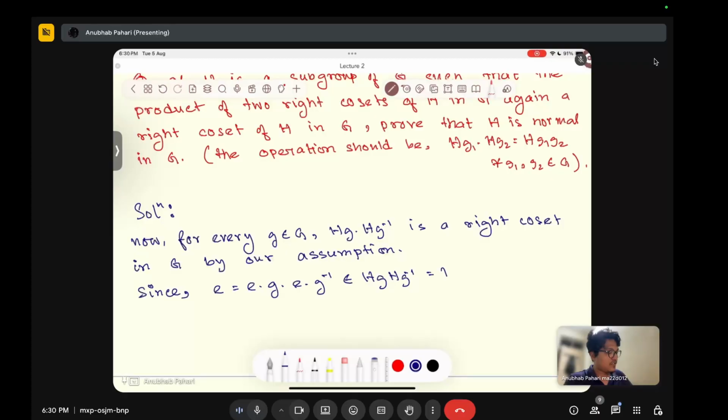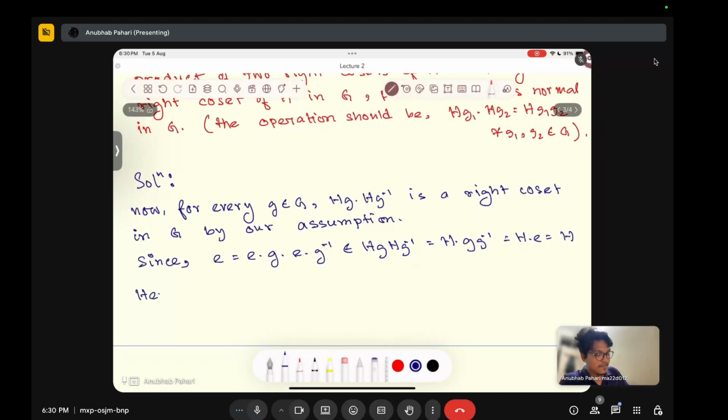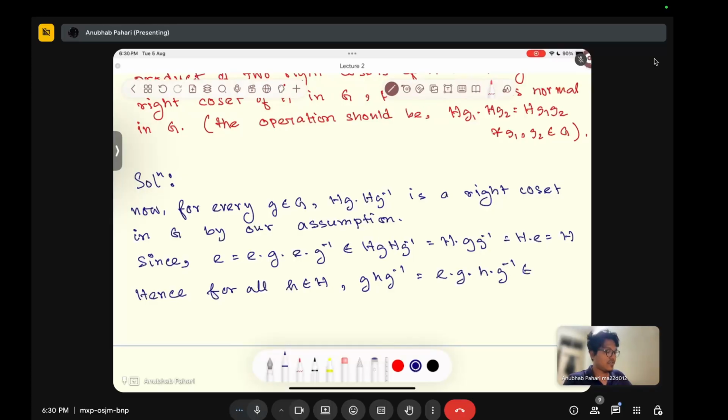Okay, then it should be H of g inverse, that is He, that is H. So we have shown that, hence, for all small h in H we have g inverse equals e g h g inverse belongs to Hg inverse, right?